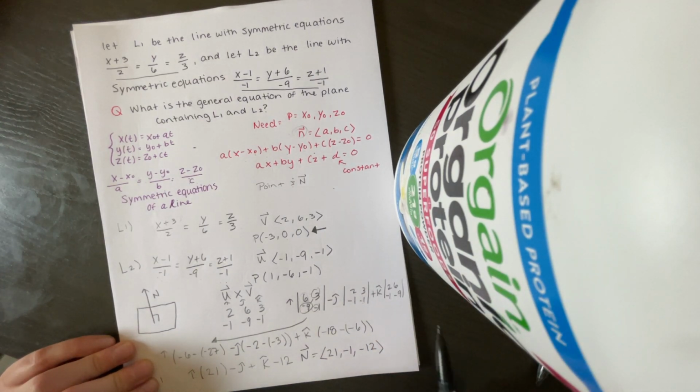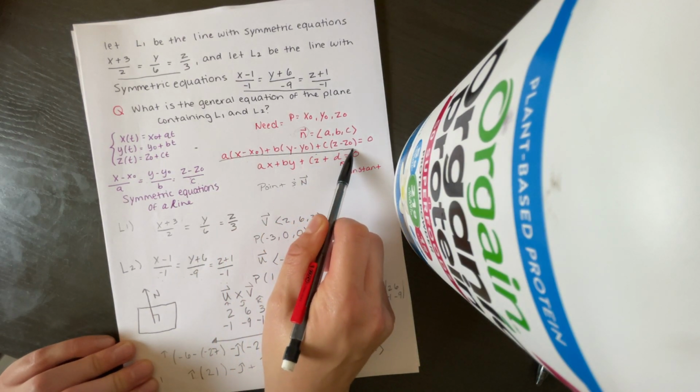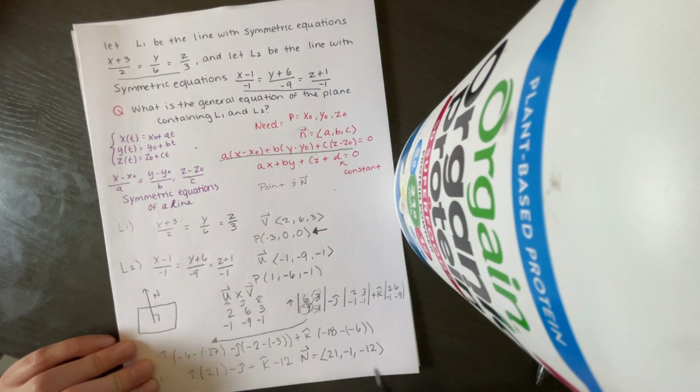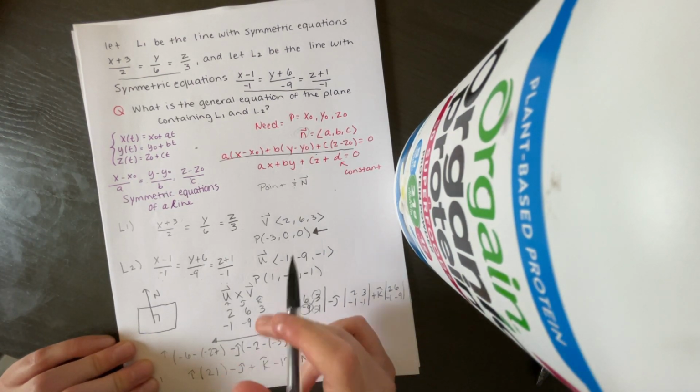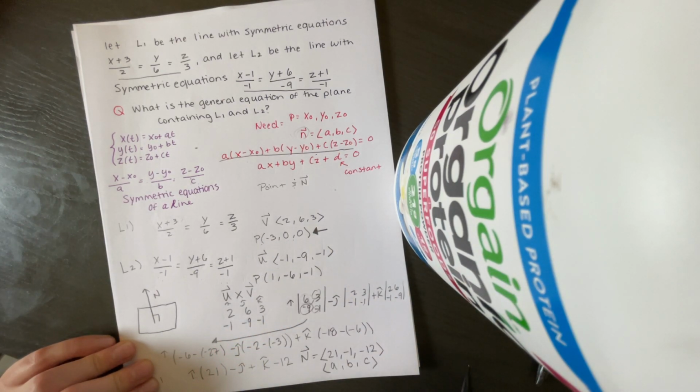So now you can go back in and plug it into this equation up here. So this is going to be A, B, and C. And you could take any point, but I would probably take the point that's the easiest, which is negative 3, 0, and 0.